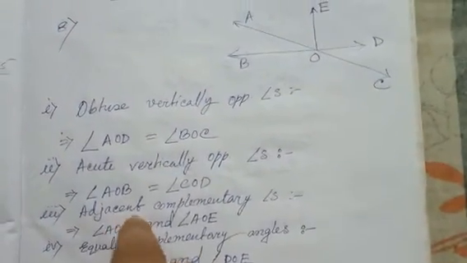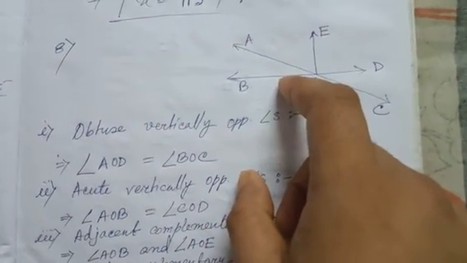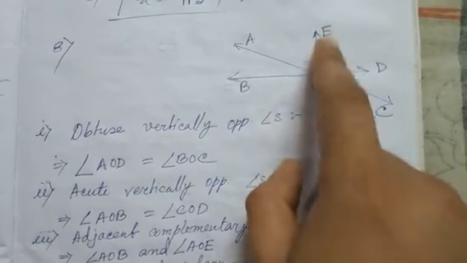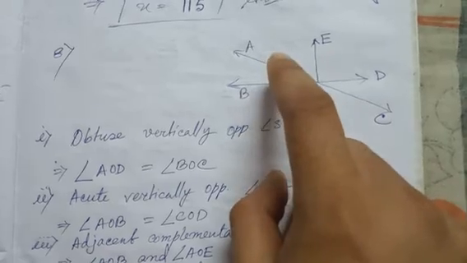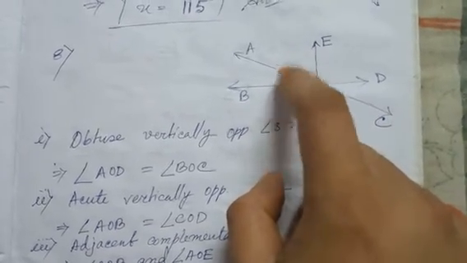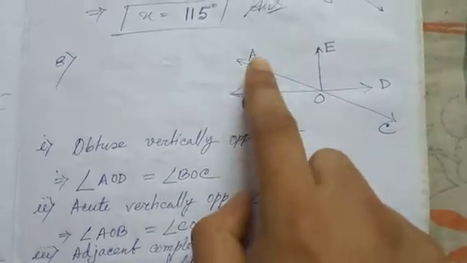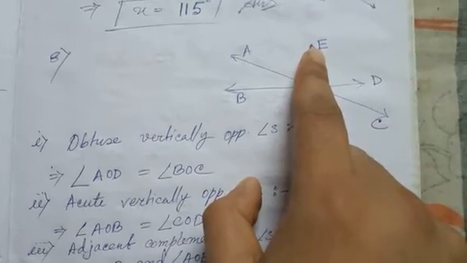Next is adjacent complementary angles. Complementary means the sum of two angles will be 90 degrees. So here the total angle BOE is 90 degrees, so the sum of this angle and this angle will be 90 degrees. Therefore angle AOB and angle AOE are complementary adjacent angles.